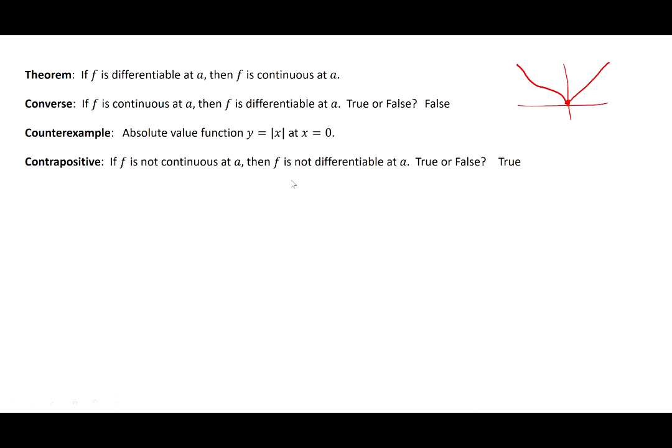Now let's look at what the implication of that is. If f is not continuous at a, guess what? Automatically f is not differentiable at a. You can take this to the bank. It's a very, very, very powerful result. The moment you find that a function is not continuous at a point, you can be guaranteed that function is not going to be differentiable at that point.